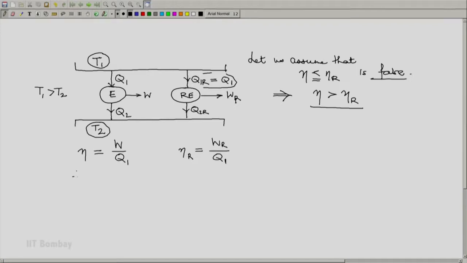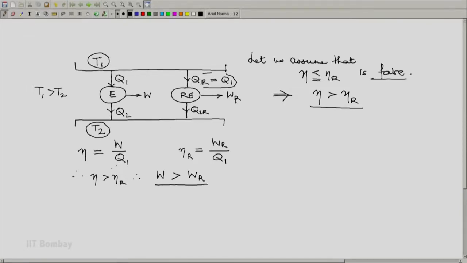Now since eta is greater than eta R, and the denominators Q1 are the same, this work interaction must be higher than this work interaction, W greater than WR.